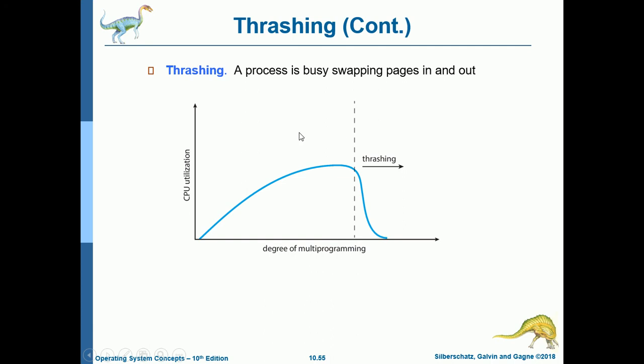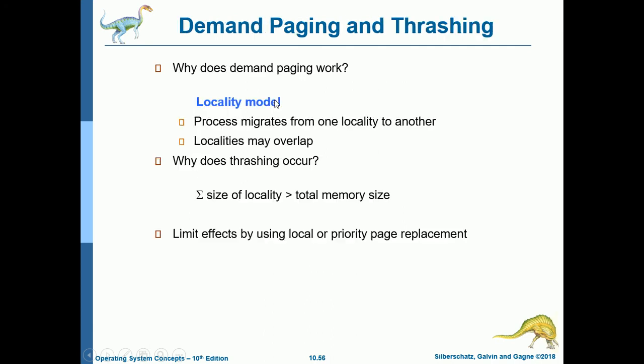Next is demand paging and thrashing. Why does demand paging work? It's because of the locality model. A process migrates from one locality to another, and localities may overlap. So why does thrashing occur? Because the total size of the localities is greater than the total memory size.